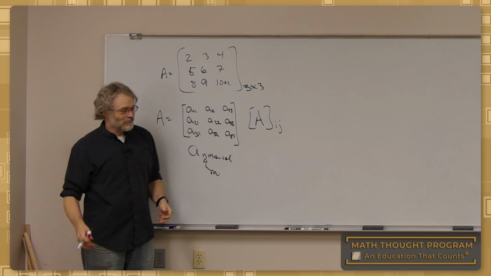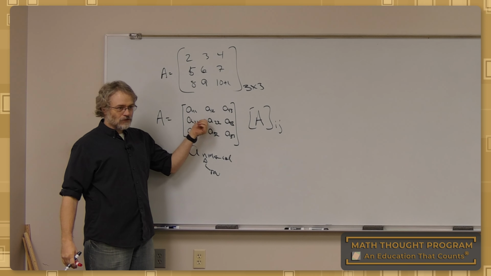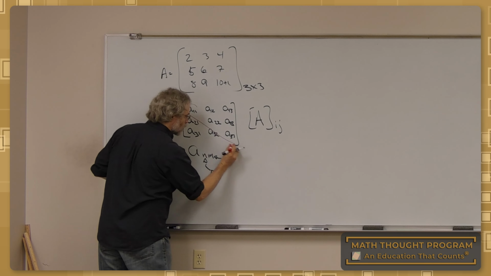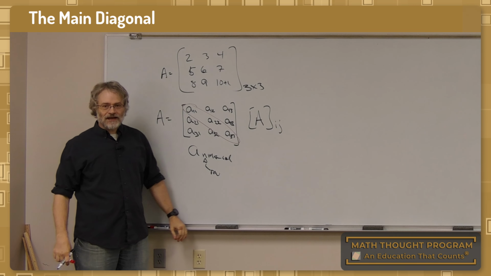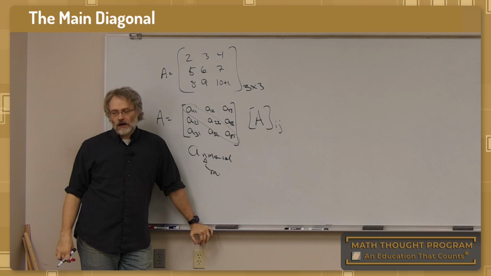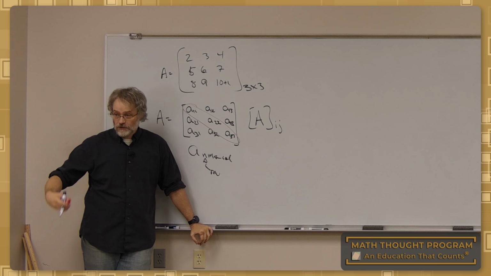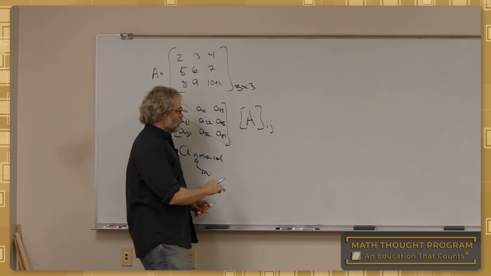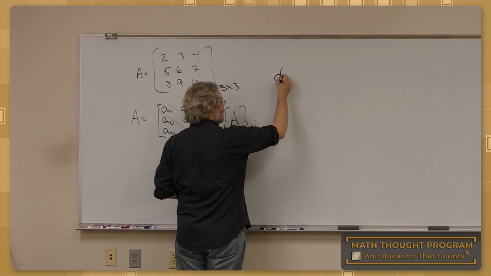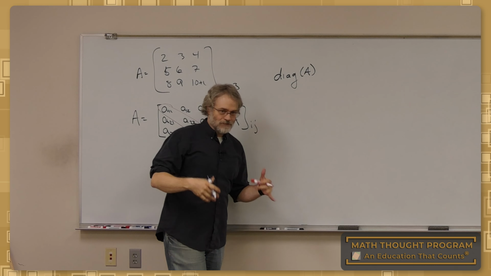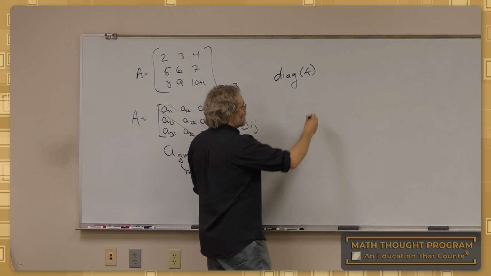Within the matrix, if you were to go along this direction, down this, that's your diagonal. And there's lots of characteristics with the diagonal of a matrix that we want to make sure that we're mindful of. And I might want to designate it. I might say diag A, which just means I'm talking about the diagonal of a matrix.